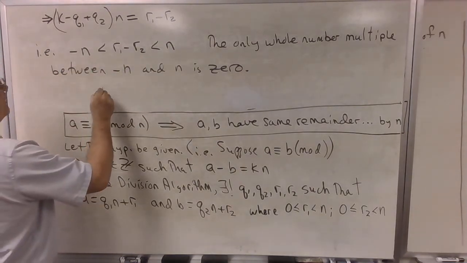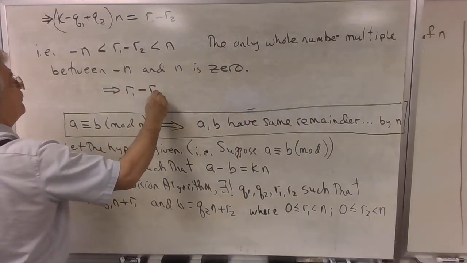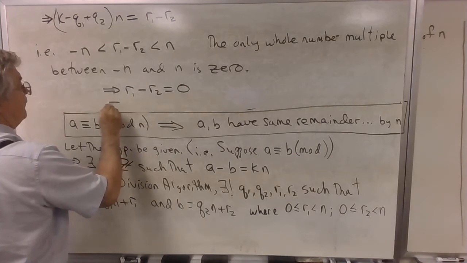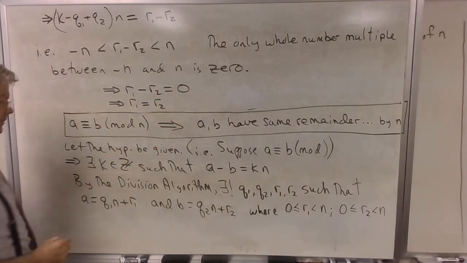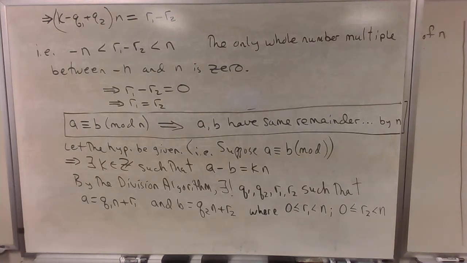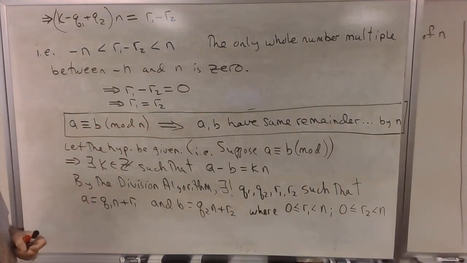That has to be 0. Well, what were r1 and r2?